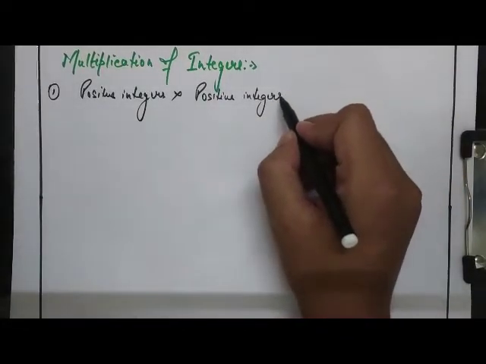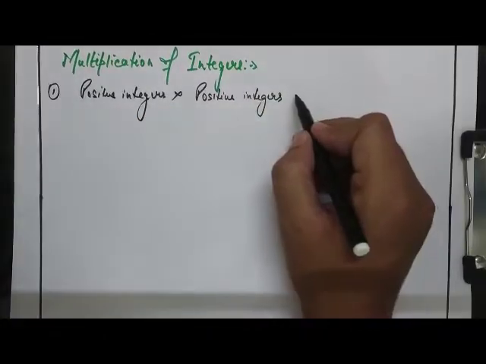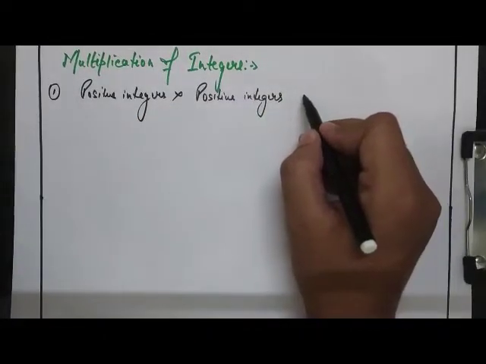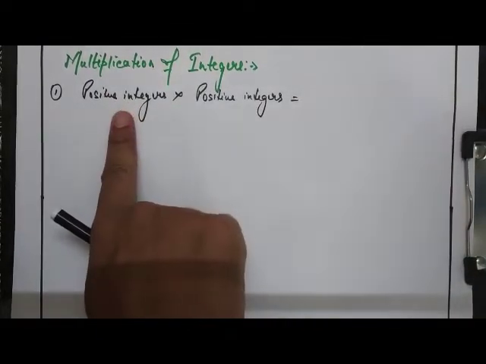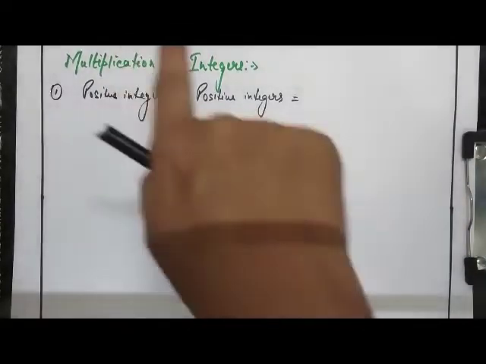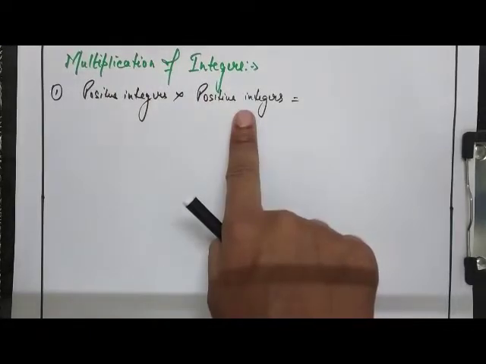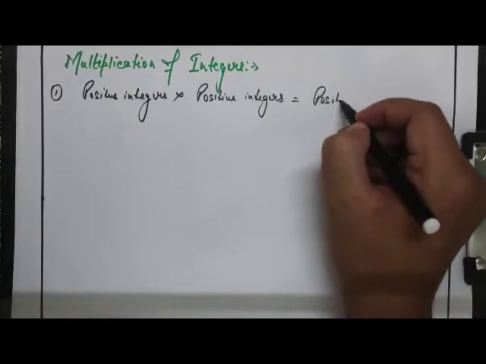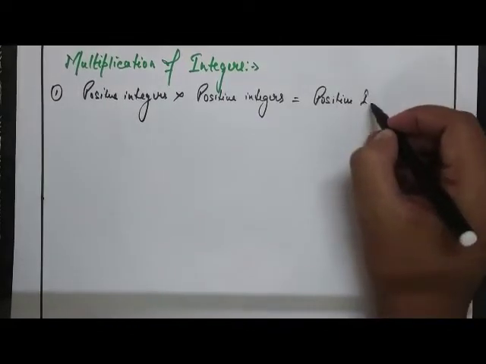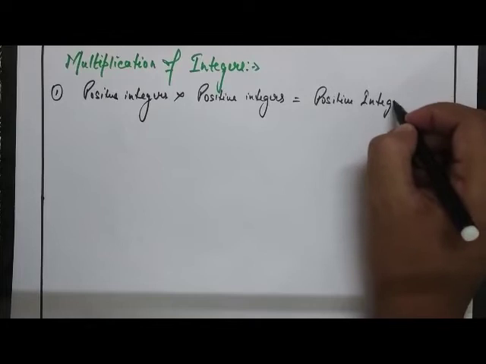Always remember that when a positive integer is multiplied by another positive integer, the result is always a positive integer. Very important, the result is always a positive integer.